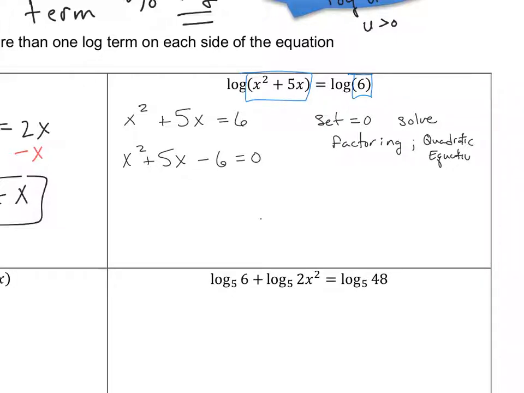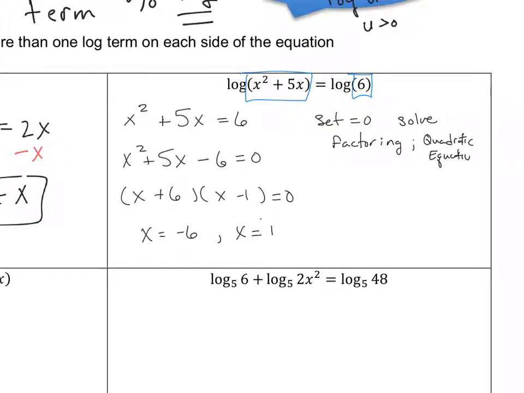Now, to factor this, I have to have x in my first two terms. I need to have this be a positive 6 and a negative 1. So the two solutions that I have here are that x must equal negative 6 and x must equal 1.